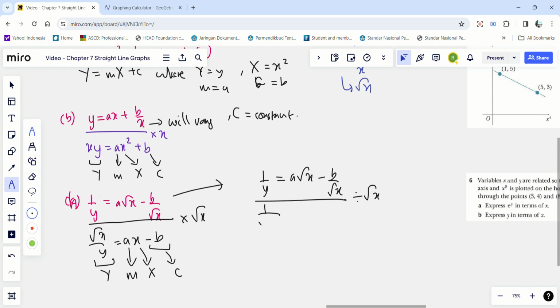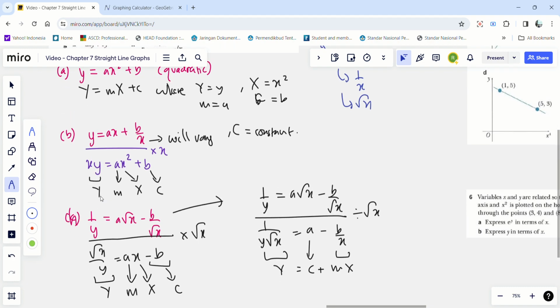So we have 1 over y root x equals a minus b over x instead. So this will be the mx, this will be the c, and this will be the capital Y, which also works. It doesn't really matter which one, as long as it's easy for us to understand, and of course it makes sense to be converted.